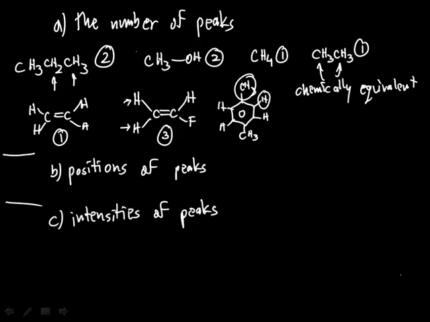Intensity of peaks, as we'll see later, is related to the number of protons that correspond to that. So, for example, in a molecule of methanol, we have 3 equivalent protons on the methyl group and 1 equivalent proton on the OH group. So we would expect the peak for the methyl group to be larger, and indeed it is. And we can figure out the number of protons by working backwards from the ratio of these peaks.